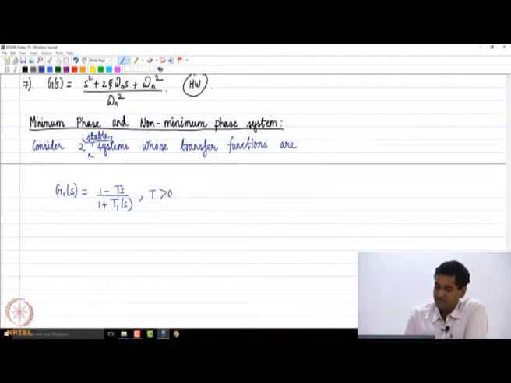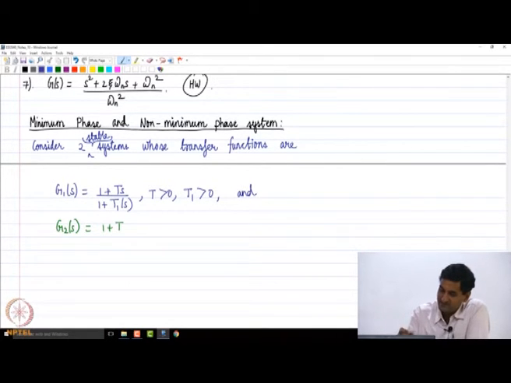So T greater than 0, T1 greater than 0. G1 of s is 1 plus T s divided by 1 plus T1 s, and G2 of s, let's say, is 1 minus T s divided by 1 plus T1 s.